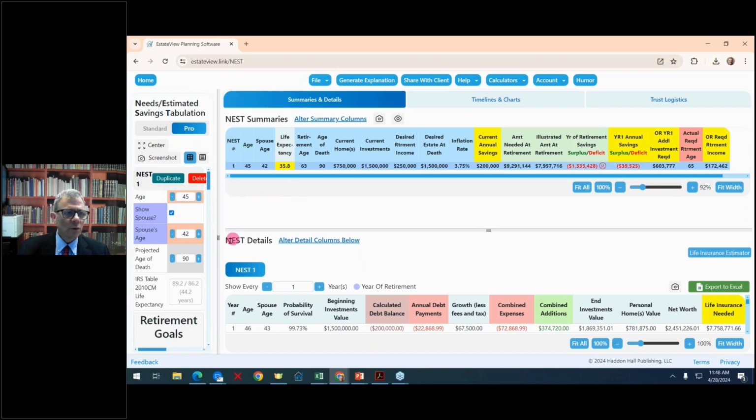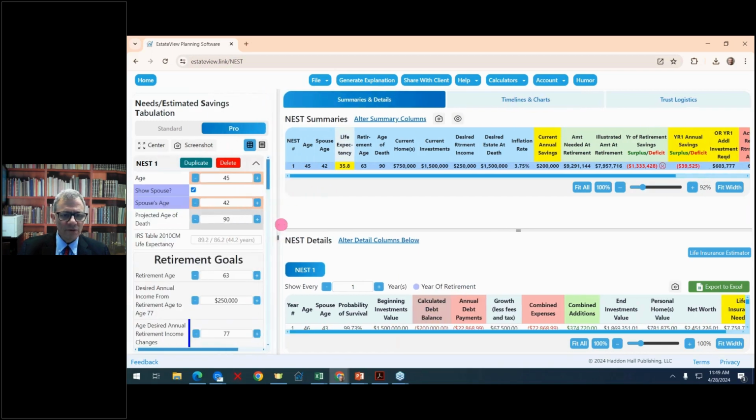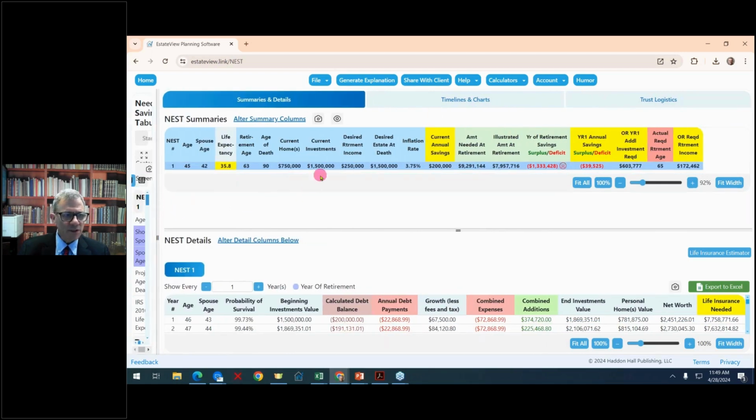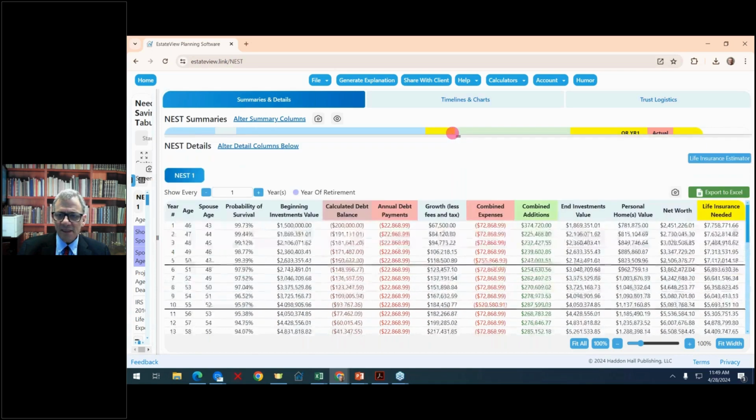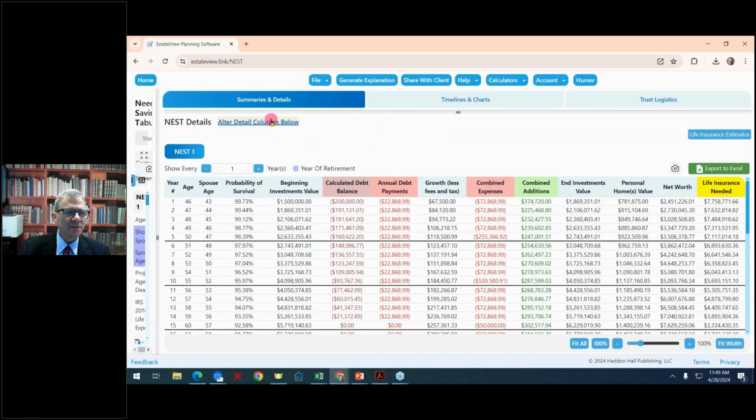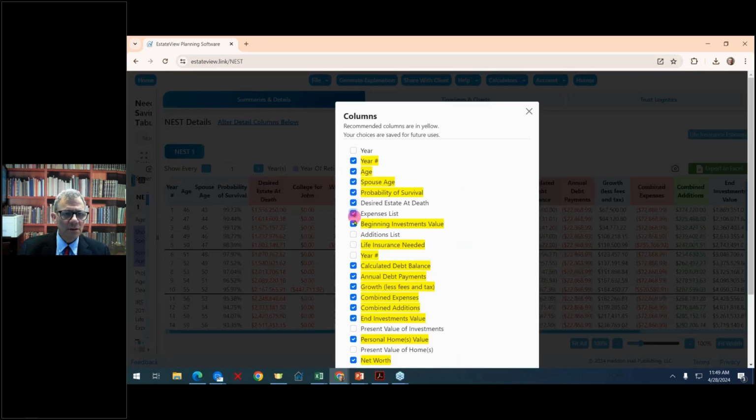So what I can do now, of course, is look at this on a spreadsheet. And this is really important for clients to see. I can show them now in a spreadsheet, and I can show all of the columns that I choose here.